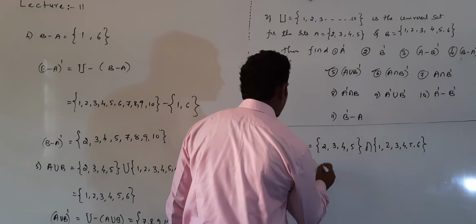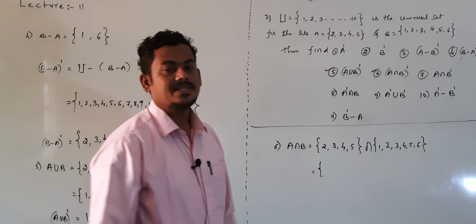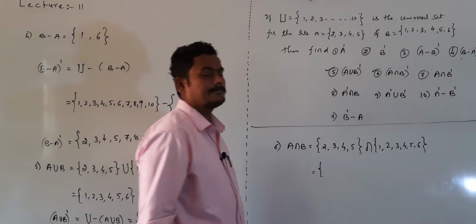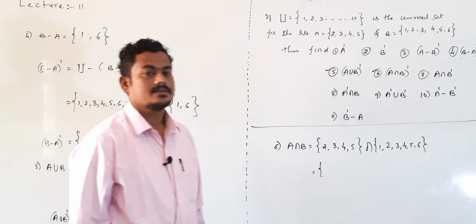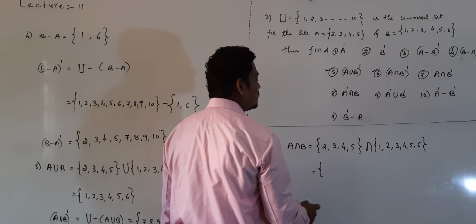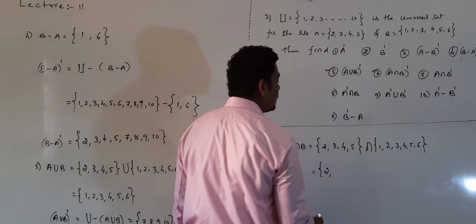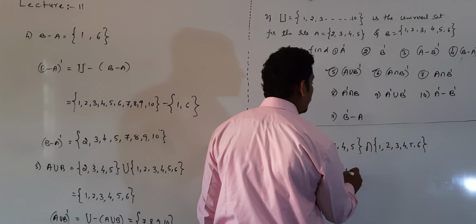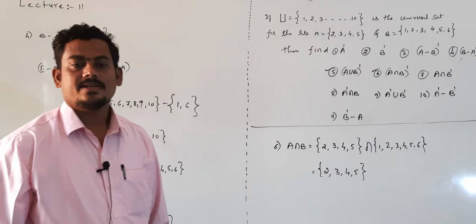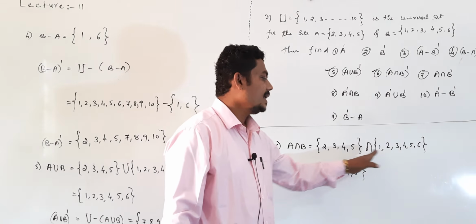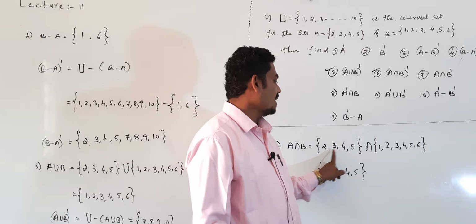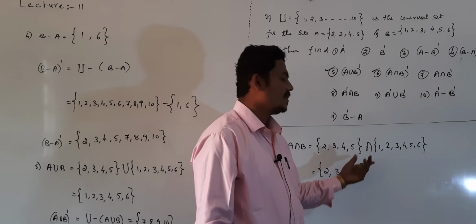Now, intersection means common elements in both the sets. Take intersection of these two sets. 2 is common, 3 common, 4 common and 5 common. This is our A intersection B. Common elements 2, 3, 4, 5.